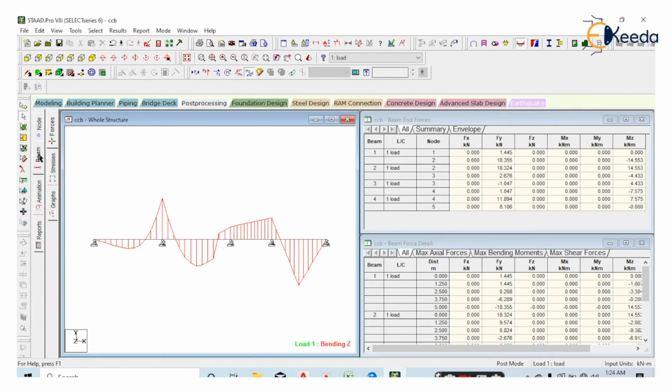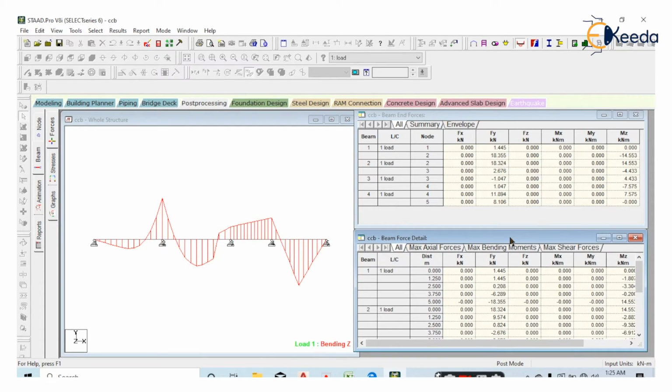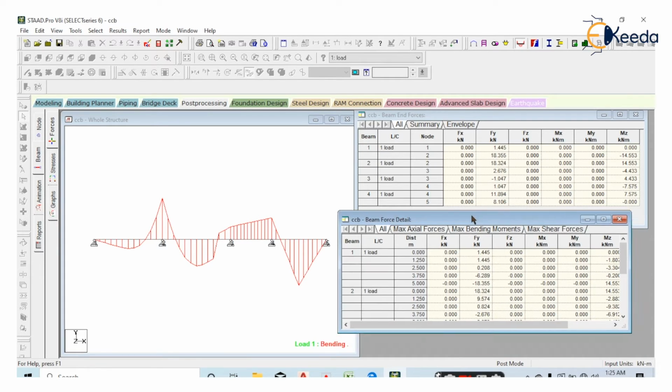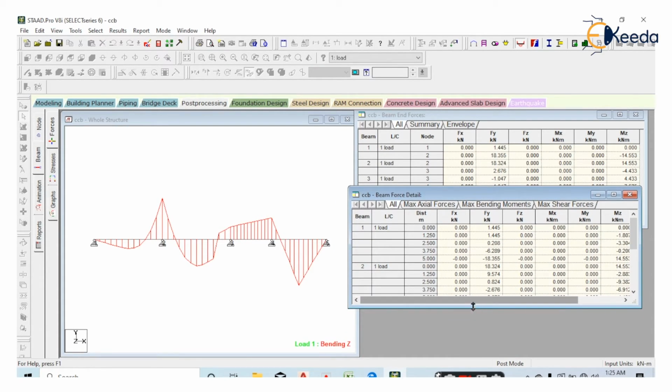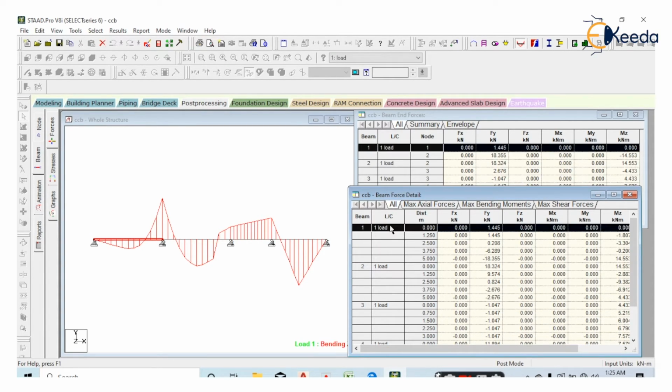Go to beams. If you click on beam, the bending moment diagram will automatically be on, and from this table you can find out all the bending moment and shear force values. Look at this table: beam number, load case, distance 0, 1.25, 2.5, 3.75 and 5.